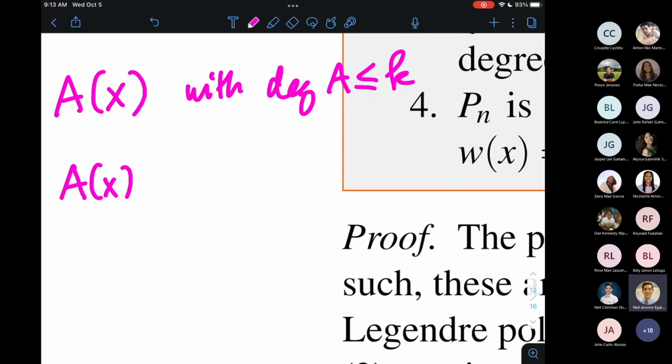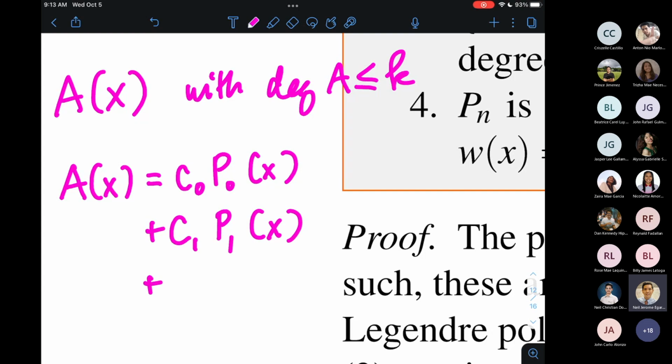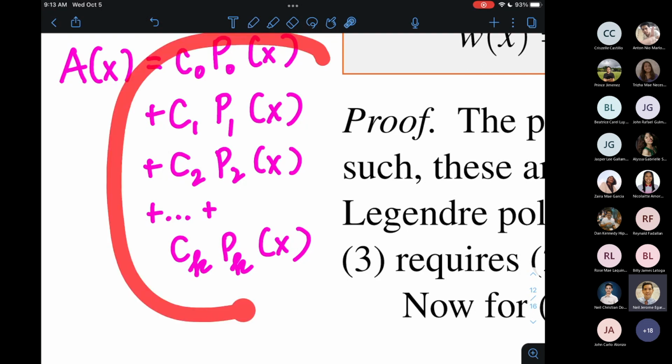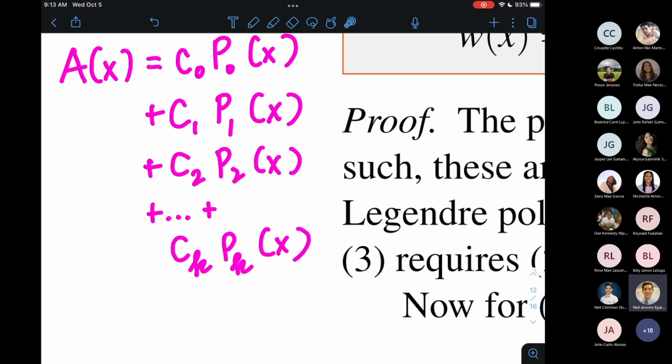So ibig sabihin, I can write a of x to be c sub 0 times the degree 0 Legendre polynomial plus c1 times degree 1 Legendre polynomial plus c2 times degree 2 Legendre polynomial plus until ck times p sub k of x. So, ibig sabihin, kahit gaano pa kakomplikado yung polynomial na iisip mo, kaya ko siyang isulat in terms of the Legendre polynomials.